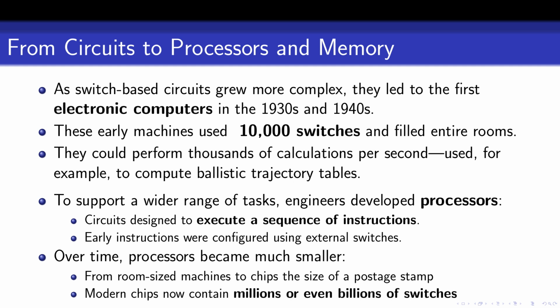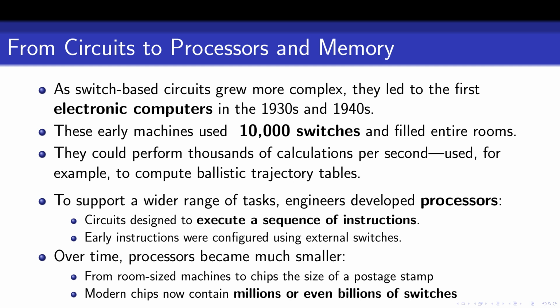As technology advanced, engineers created components called processors to handle lists of instructions. At first, processors were enormous and configured manually using switches. But today, processors are incredibly compact, often no larger than a postage stamp, and contain millions or even billions of switches.